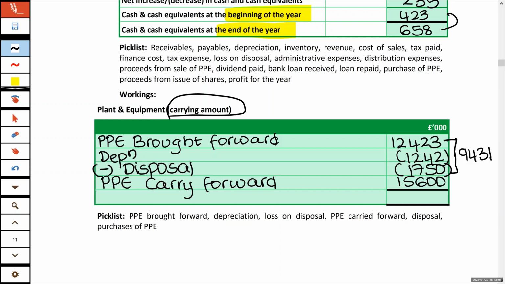Yeah, good. 6,169. And what would that be? So my assets has increased from 9,431 to 15,600. Spot on. We must have done some purchases. So PPE purchases 6,169. And that purchases reduces my cash.